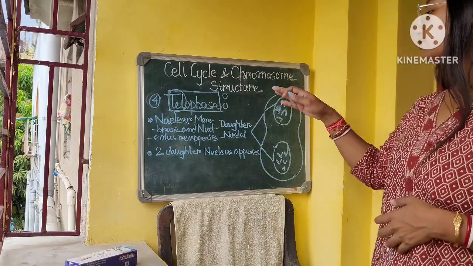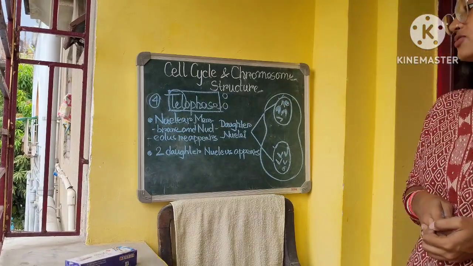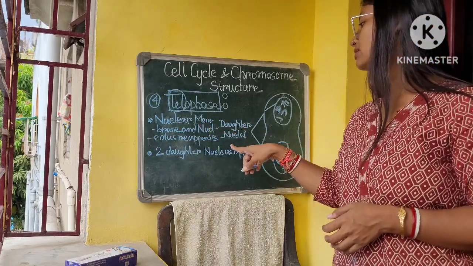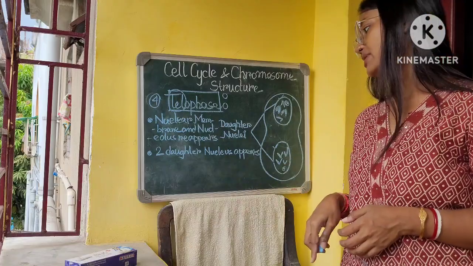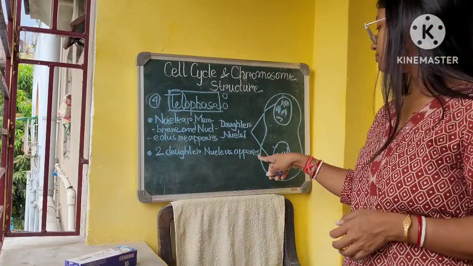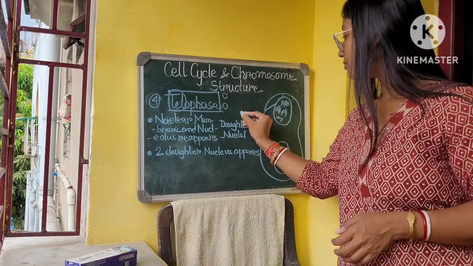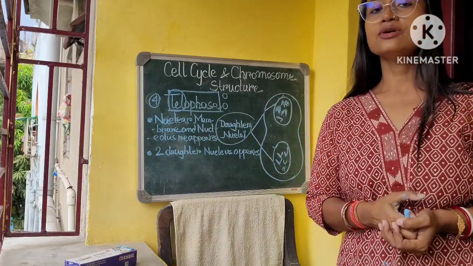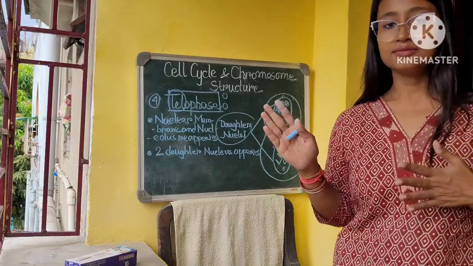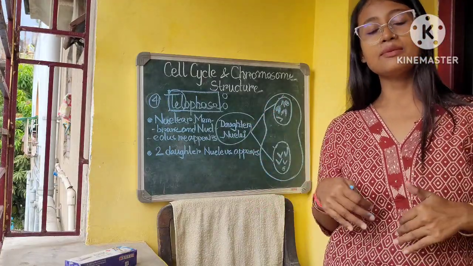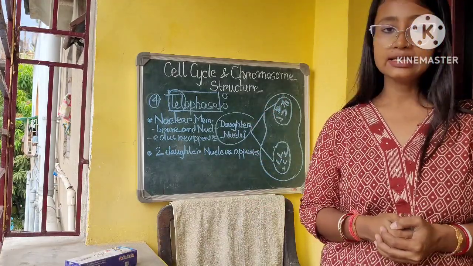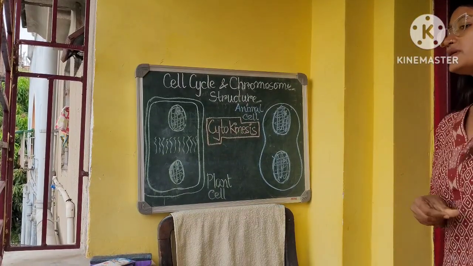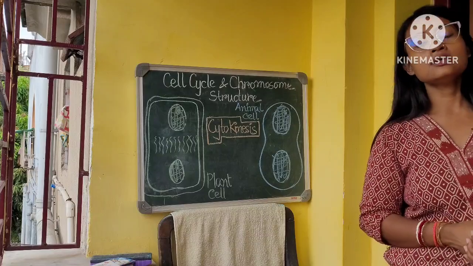So we can say that the characteristics of telophase are that the nuclear membrane and nucleolus reappear and two daughter nuclei appear, as we can see from this drawing. Okay. So here the karyokinesis ends, and after this completion of karyokinesis, we would study the cytokinesis.